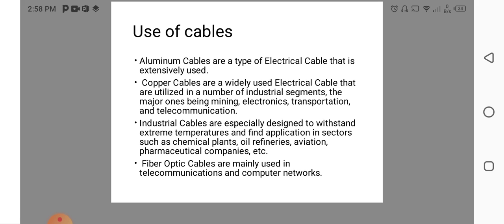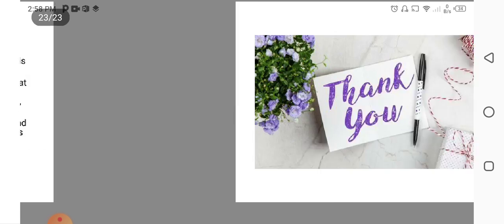These cables are used to withstand extreme temperature and find application in sectors such as chemical plants, oil refineries, aviation, pharmaceutical companies, etc. Optical fiber cables are mainly used in telecommunication and computer networks. So please remember, optical fibers are used in telecommunication and computer networks.